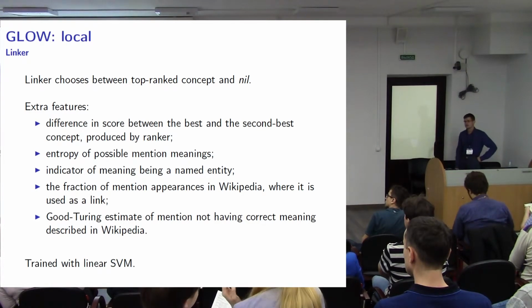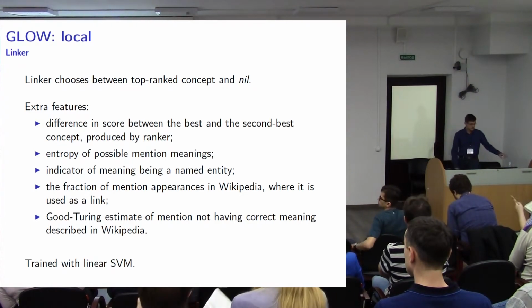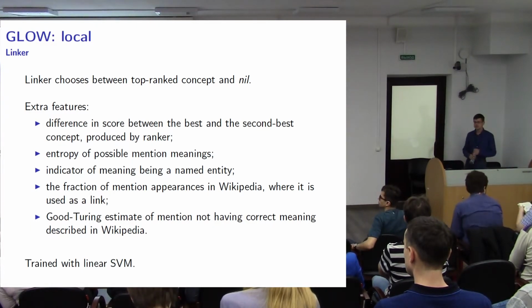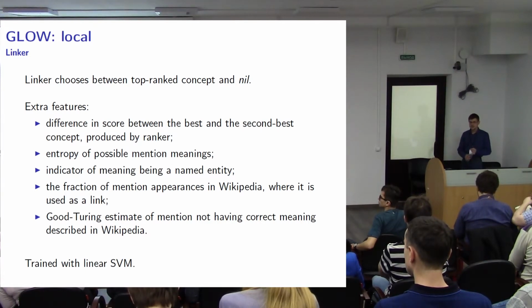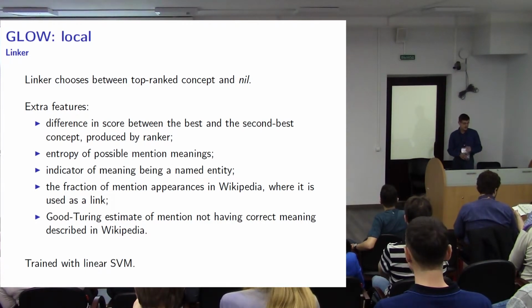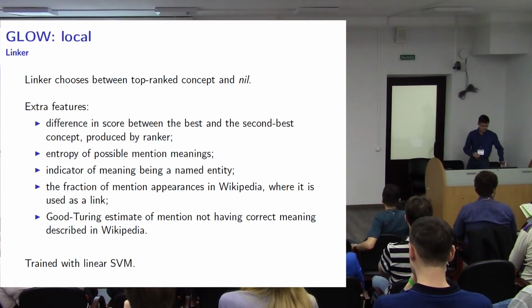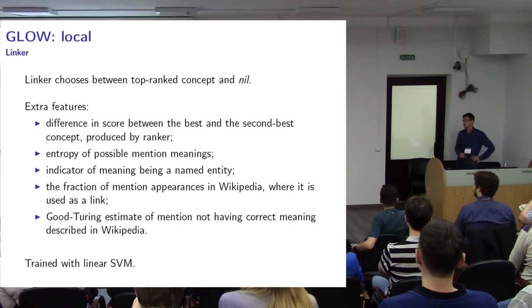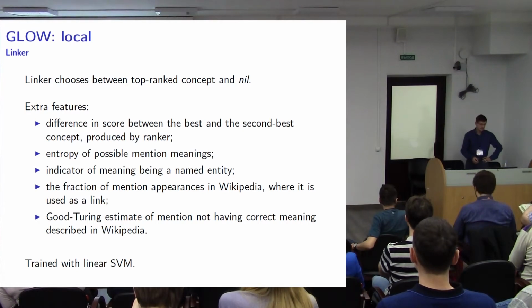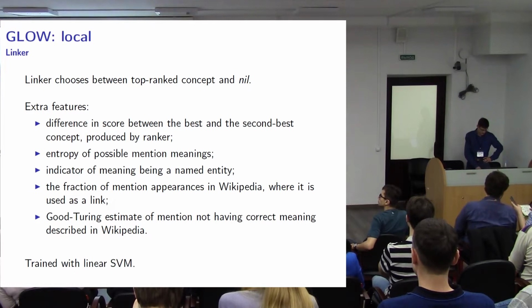But actually, there is a minor problem because the ranker isn't able to produce a null value. What does it mean? It always ranks the possible meanings, but if there is no correct meaning among them, it can do nothing.